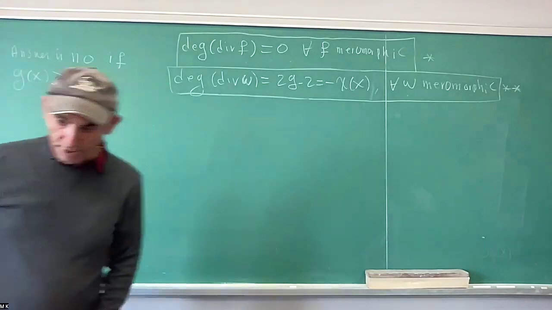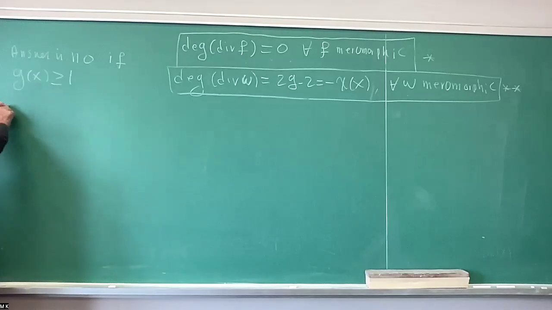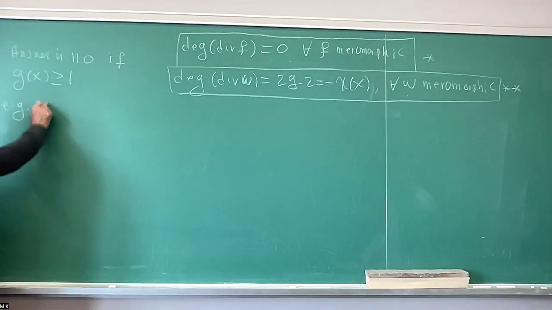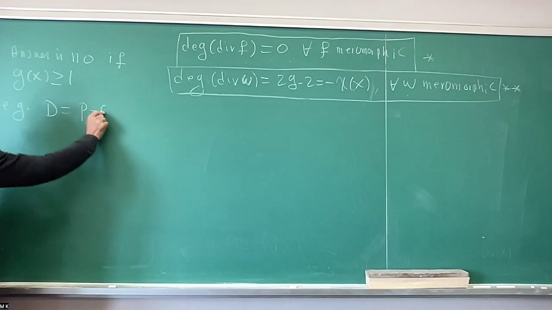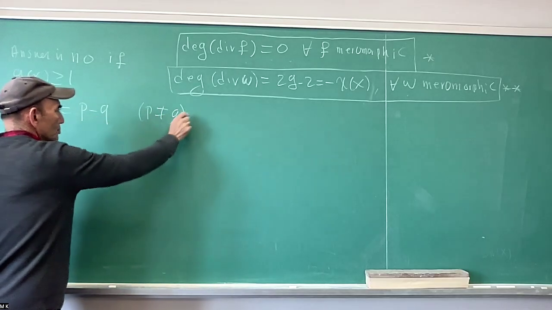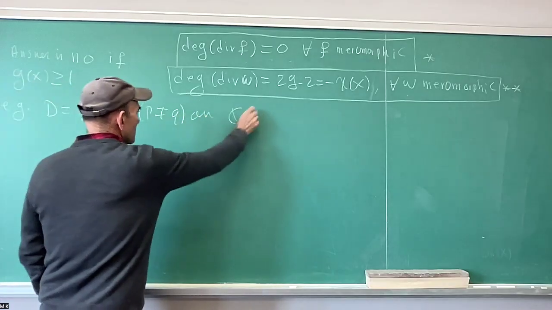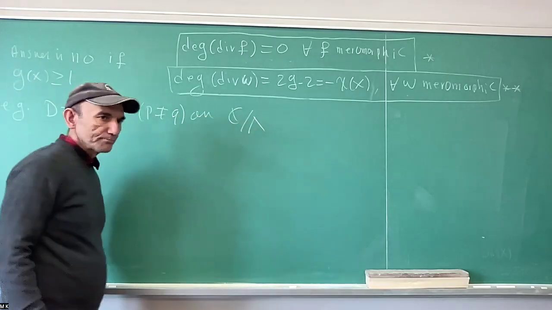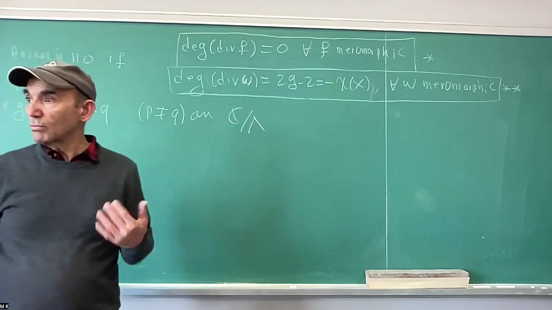For example, you can have this divisor D equal to P minus Q, where P is different from Q on C over lambda. This divisor has degree 0, right?